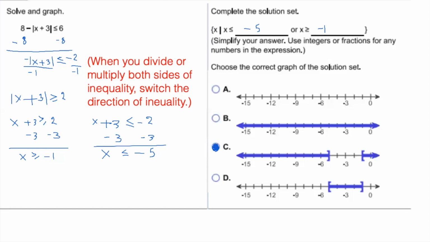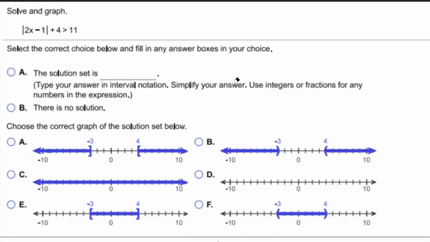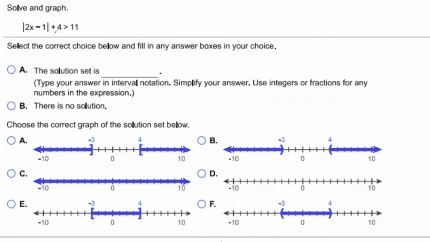Okay, now let's see another question. In this question, we see almost the same as the other one. Here we have to get rid of the 4 first and come up with two equations by removing the absolute value, and solve. First, we subtract 4 from both sides. When we subtract 4 from both sides, we are left with 2x minus 1 under the absolute value is more than, so 11 minus 4 is 7.